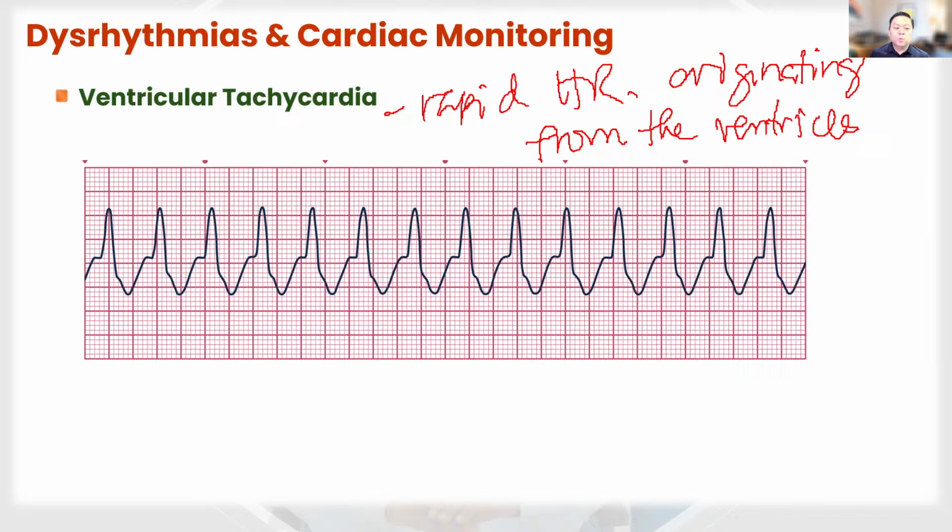Now, we are going to note here, guys, that the heart rate will be exceeding 100 BPM. It exceeds that, and the rate could possibly go as high as into the 200s.